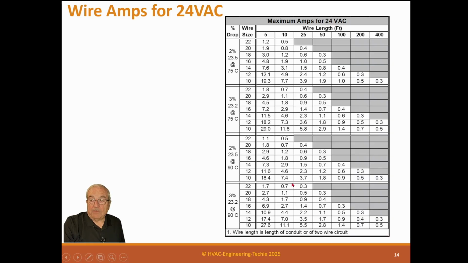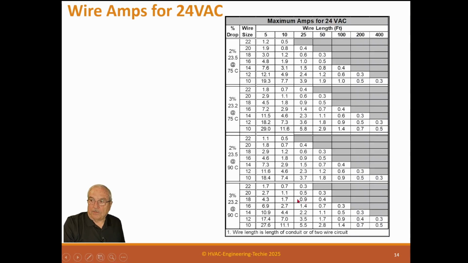If we had that same one in conduit, 18 gauge, it's 0.6 amps. So it's the same, it didn't change at all. These are not changing much. If you want 3%, if you pushed it, you could go to 0.9.